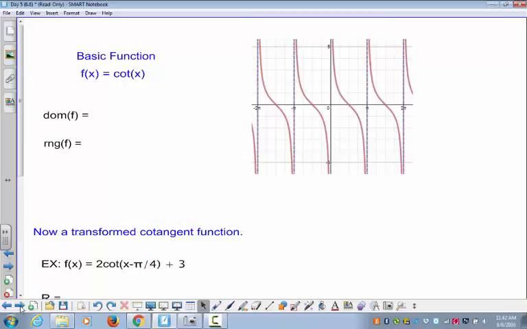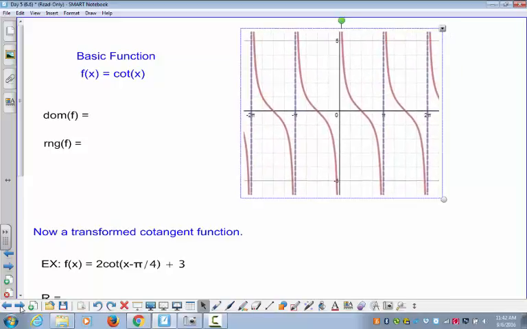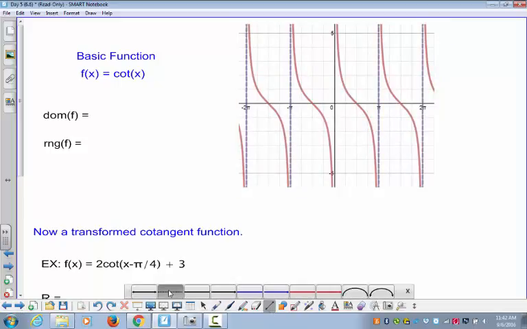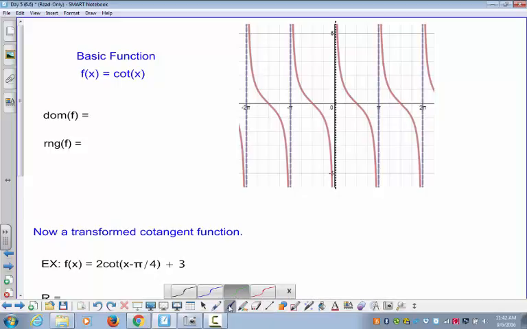All right, let's take a look at cotan. So we looked at this basic graph last time. And one thing to notice right off the bat, you can't quite see that there's an asymptote right there, but there is an asymptote there. Notice that your first period is from the y-axis to the right, just like sine, just like cosine.